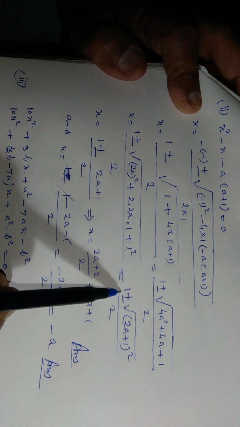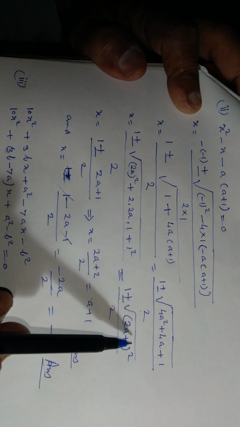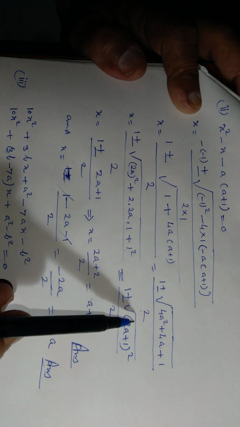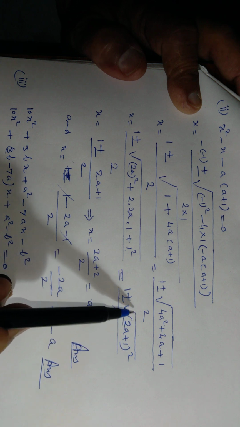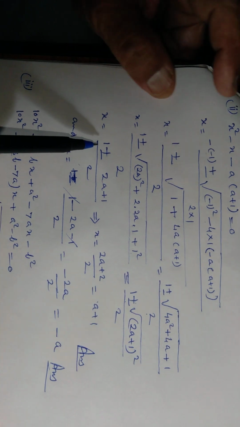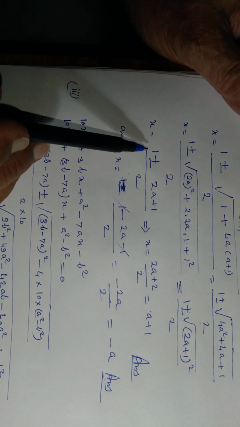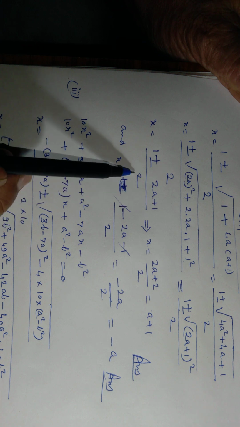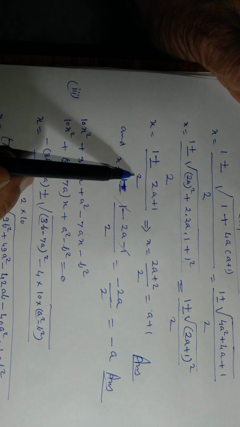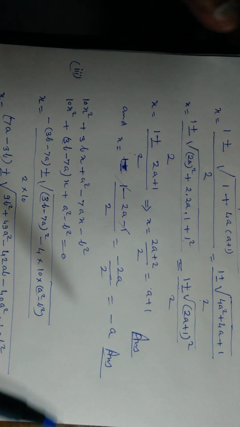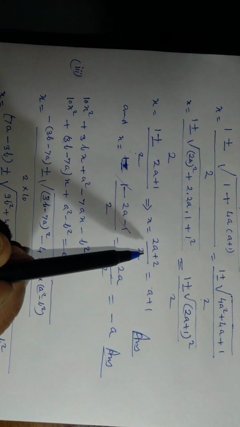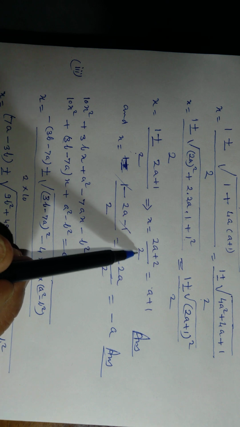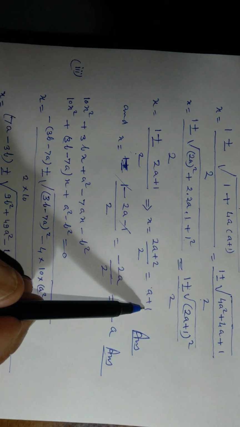So it will be equal to 1 ± √(2a + 1)². This square will be cancelled by the square root. Now we will get x equal to (1 ± (2a + 1)) divided by 2. So in one case it will be (2a + 2) divided by 2, which is a + 1. This will be the one answer.